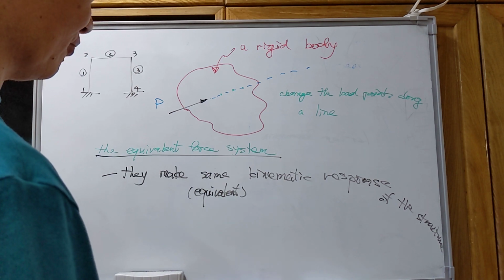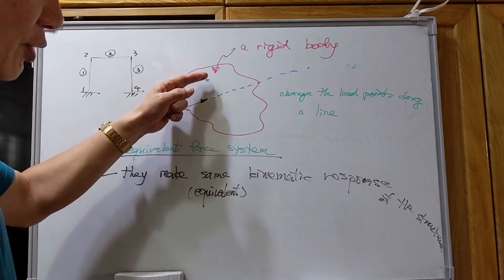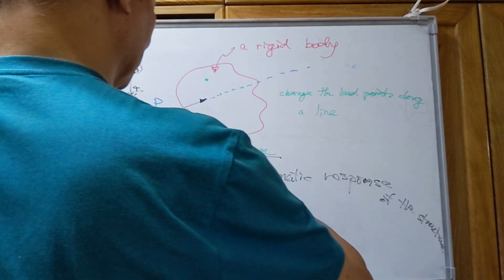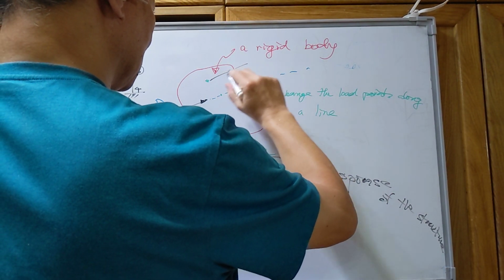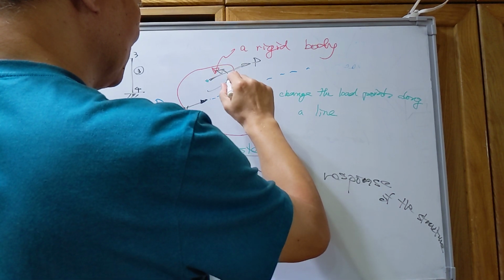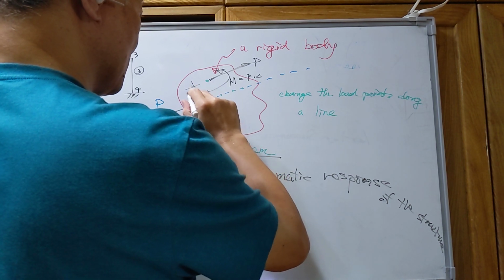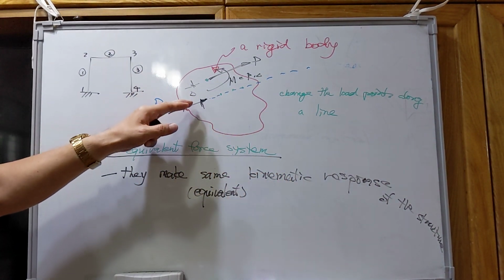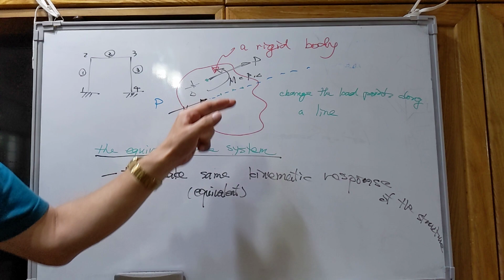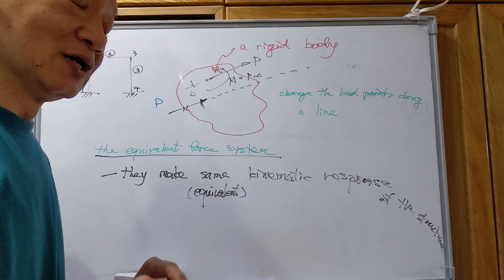The other equivalent force system: if we change the load point to some other line, the equivalent force system will be P plus a bending moment. If we change the load point to some point other than the original line, then you can still get a set of equivalent forces.